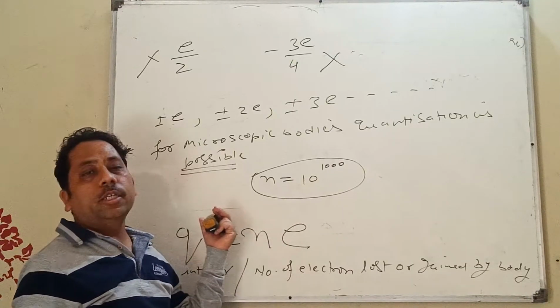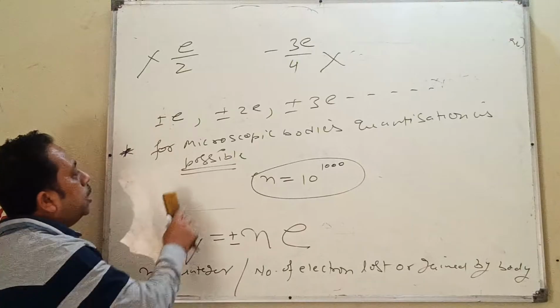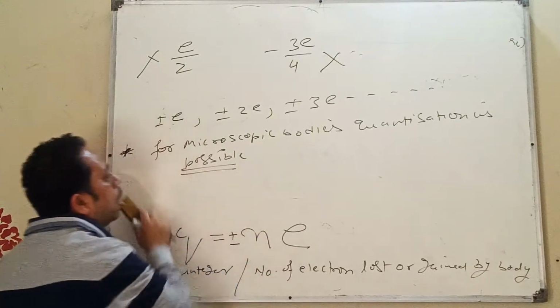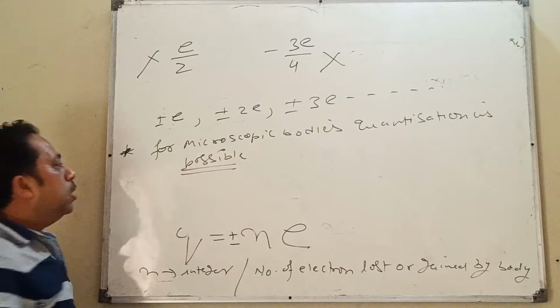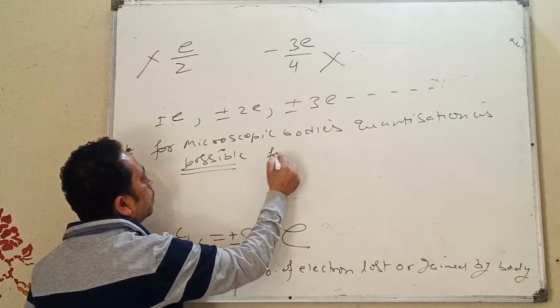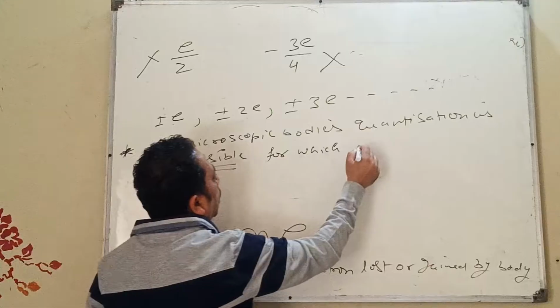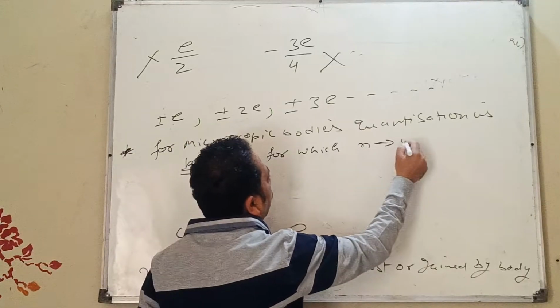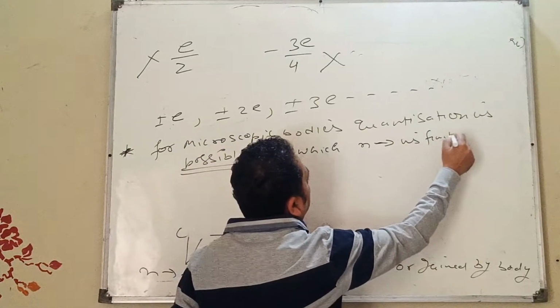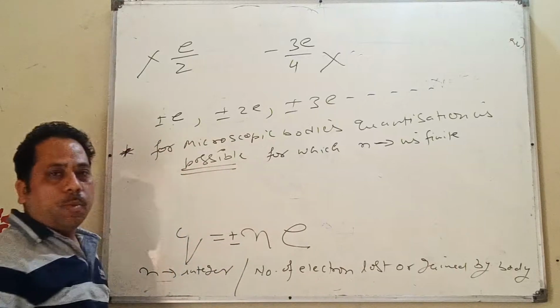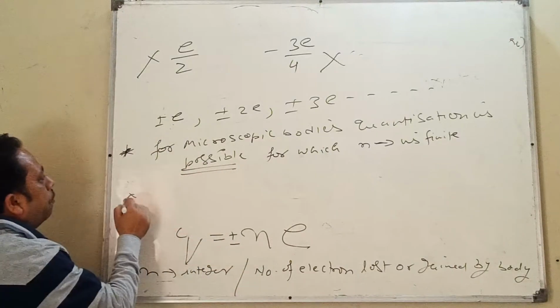That is, quantization is not seen. So quantization holds for microscopic bodies for which n is finite, small values.